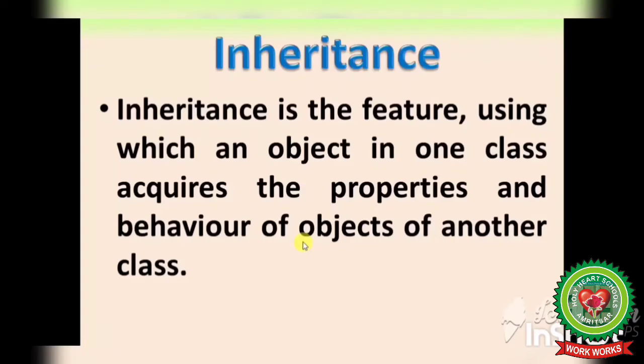This property brings the concept of object-oriented programming a step closer to our lives, as it reflects the real-life concept of heredity. Heredity is defined as the transfer of characteristics from parents to children.